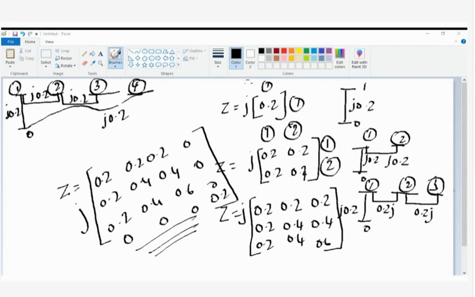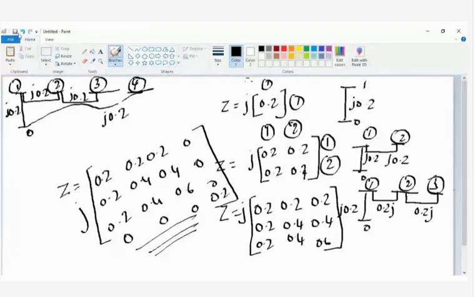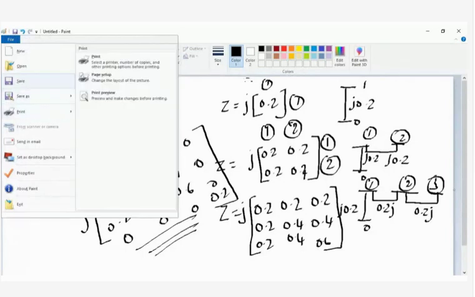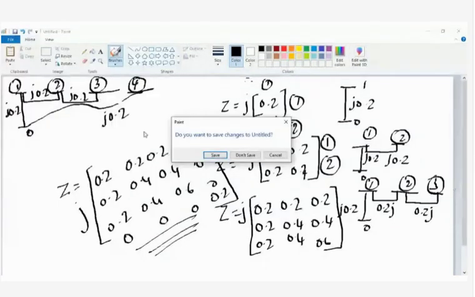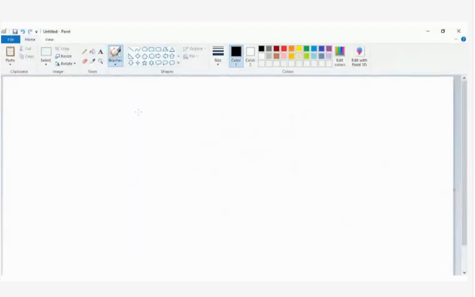Okay, step 4 you did not understand. So up to step 3 you were able to understand, right? So this is the three buses, 0, 1, 2, 3.